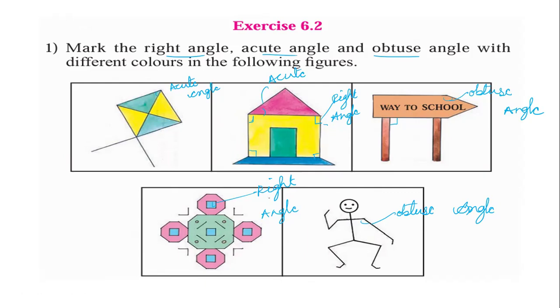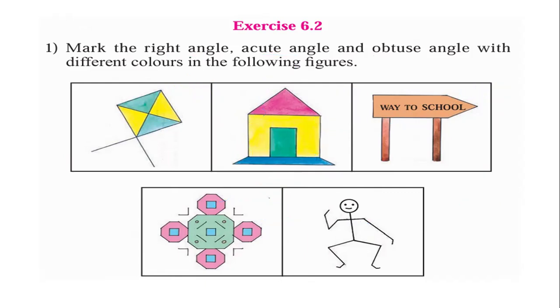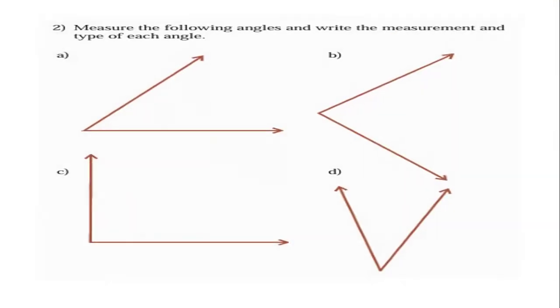Next, second one. Measure the following angles and write the measurement and type of each angle. This is an acute angle. We can measure this. This is also an acute angle.